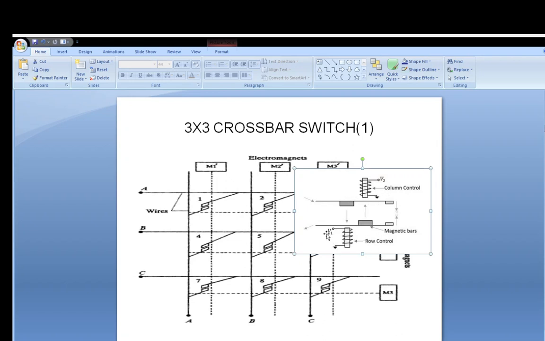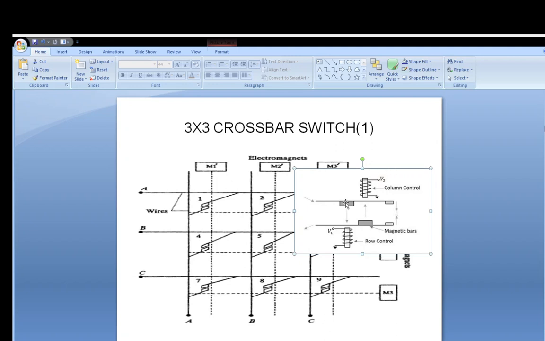When these electromagnets are energized, this lower electromagnet will attract the upper line of the switch, and the upper electromagnet will attract the lower line of the switch, and when both the electromagnets are energized, the two lines in the switch will be connected, and then connection is possible between two subscribers.